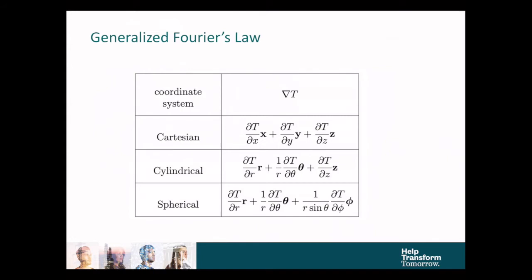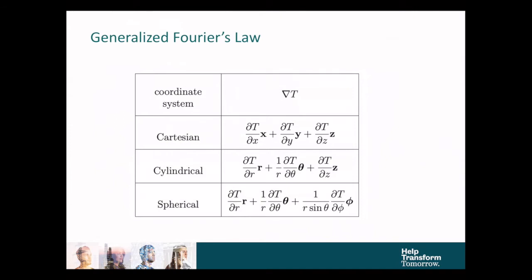Coming to that gradient, it's something that we made an assumption with when we were writing out the Fourier's law for cylindrical and spherical geometries. We just substituted dT dr for dT dx.